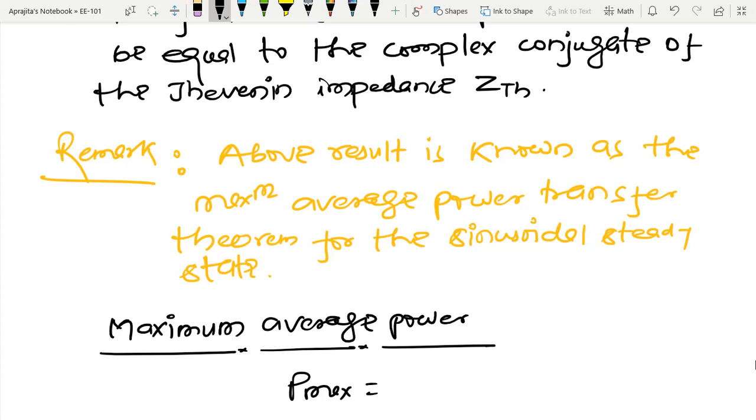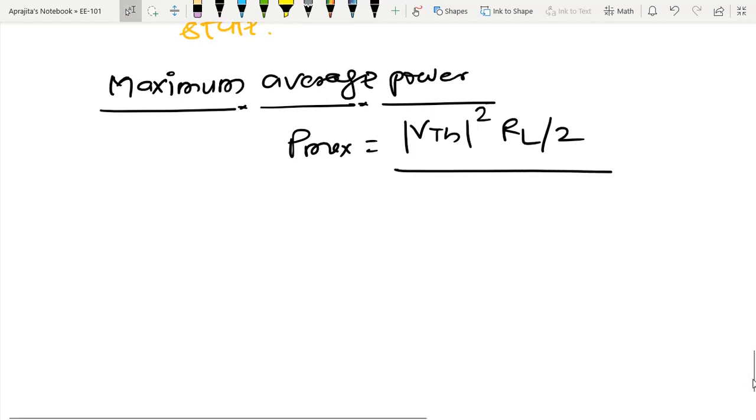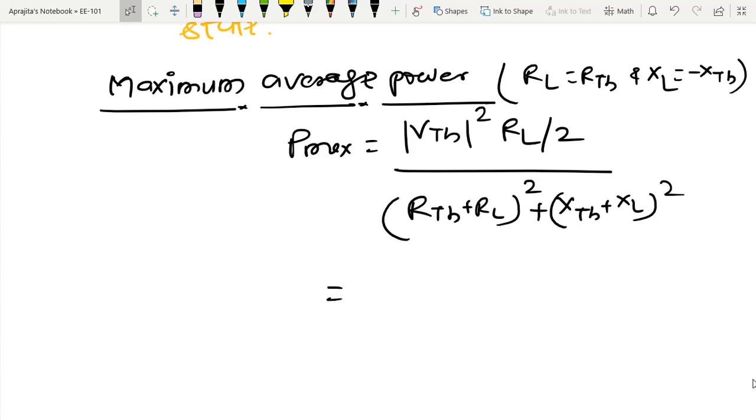If you substitute this quantity in this expression, VTH square RL by 2, divided by RTH plus RL whole square plus XTH plus XL whole square, and by putting RL equal to RTH and XL equal to minus XTH, after substitution we will get this kind of expression.